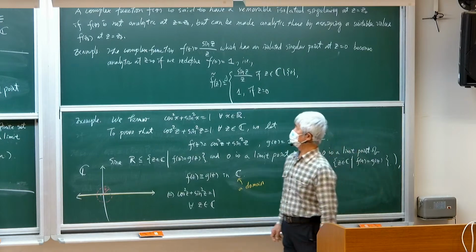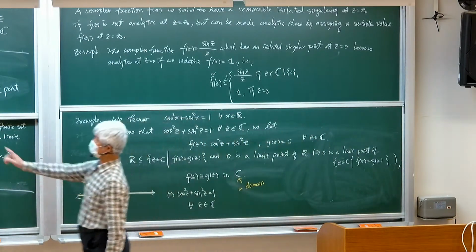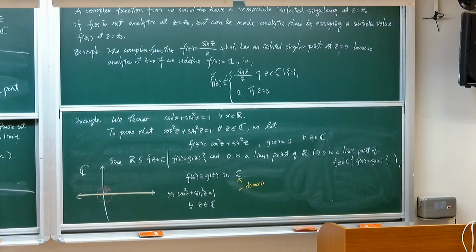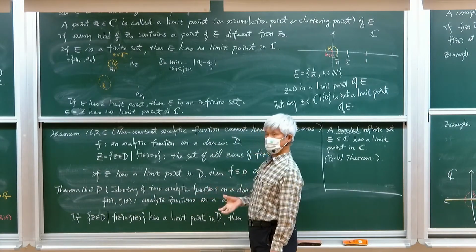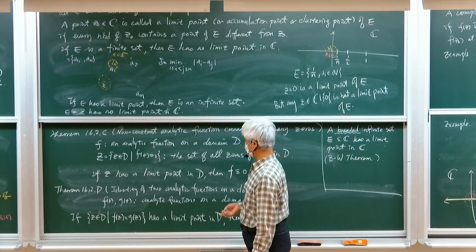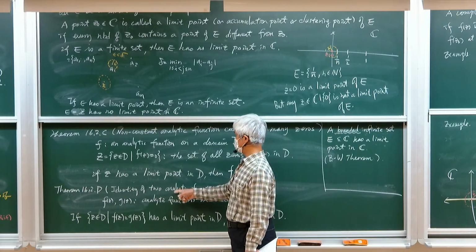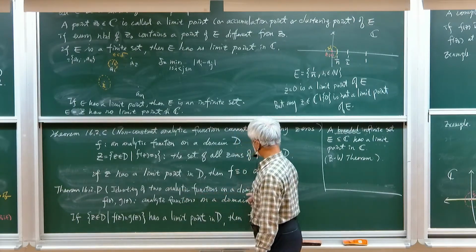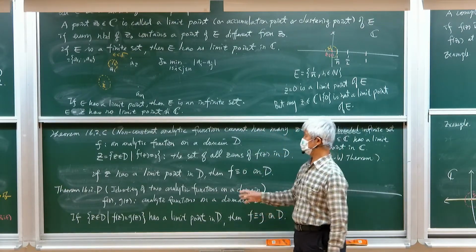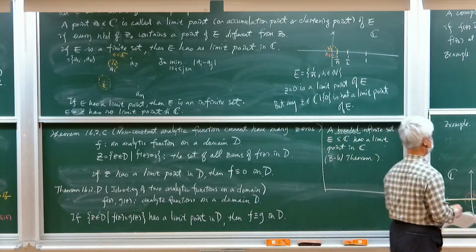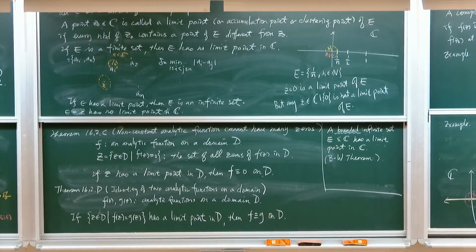All right. So this theorem gives us a sufficient condition for two analytic functions defined on a domain to be equal on the domain. So an application is to establish identities.